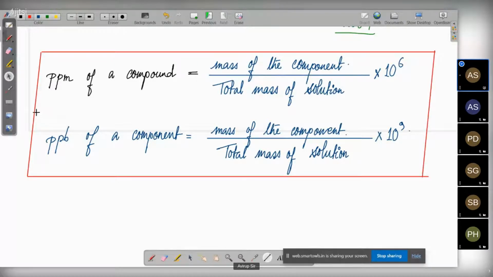So these are the formulas for calculating ppm and ppb.